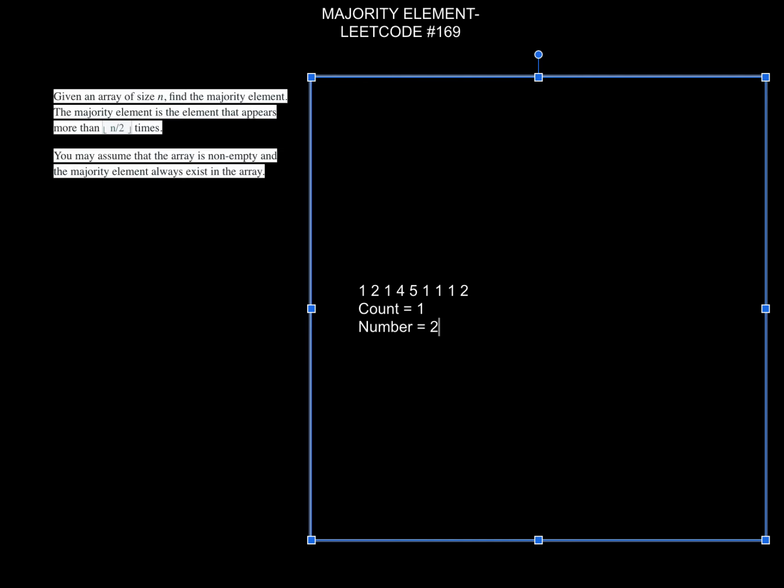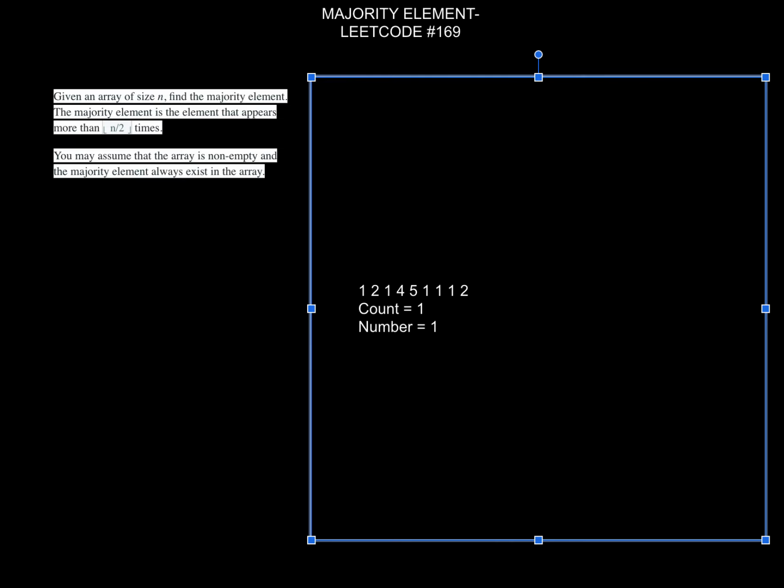We do the same thing for 1 again. It becomes 0, then 1 back. The same thing for 4, 0, then 1. Same thing for 5, which becomes 0, then 1. Then for this one here, it becomes 1, 0, then 1 again. So count after our computation is a minimum of 1.